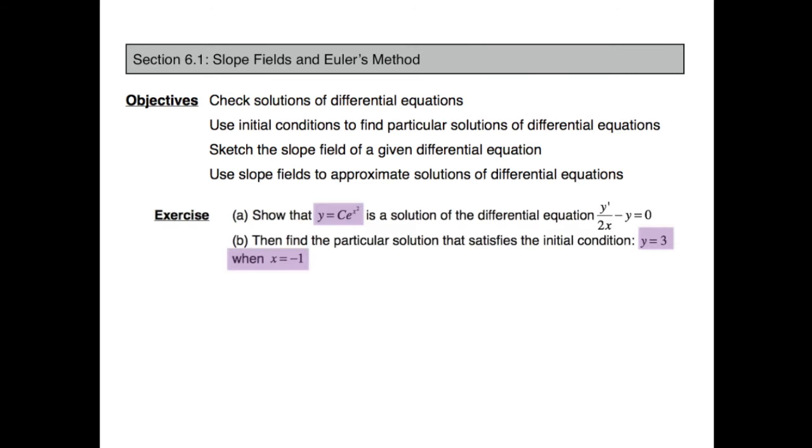We've seen how to use initial conditions. So if we are given a general solution, we can use an initial condition, here y equals 3 when x equals -1, to find the value of c. c is 3 over e, and then I can write the particular solution of my differential equation.